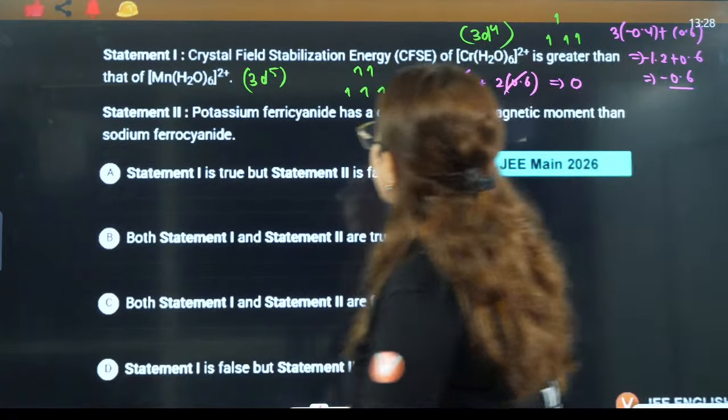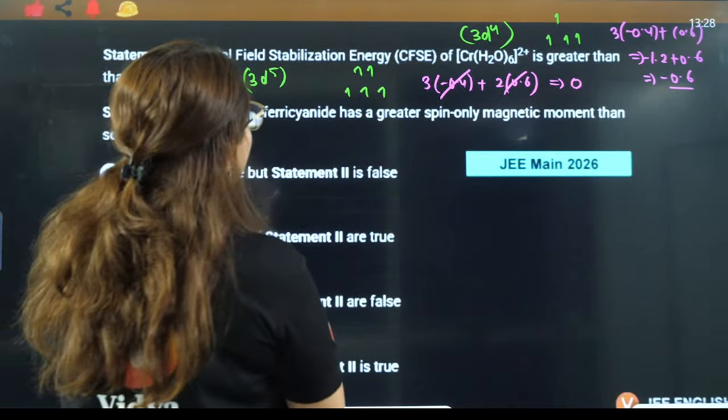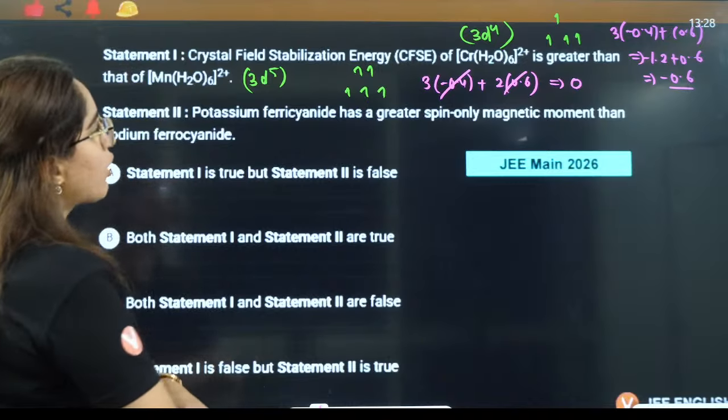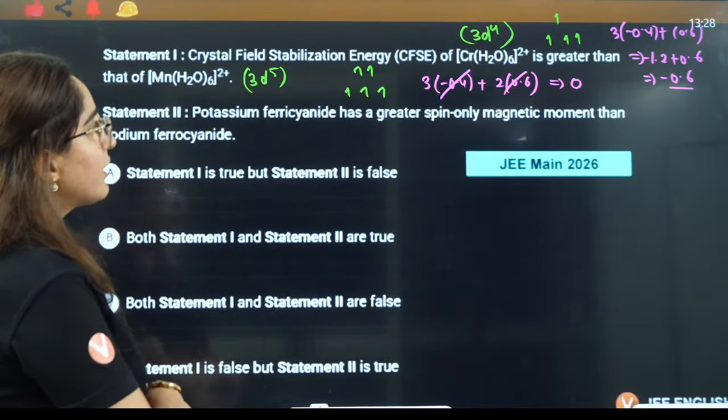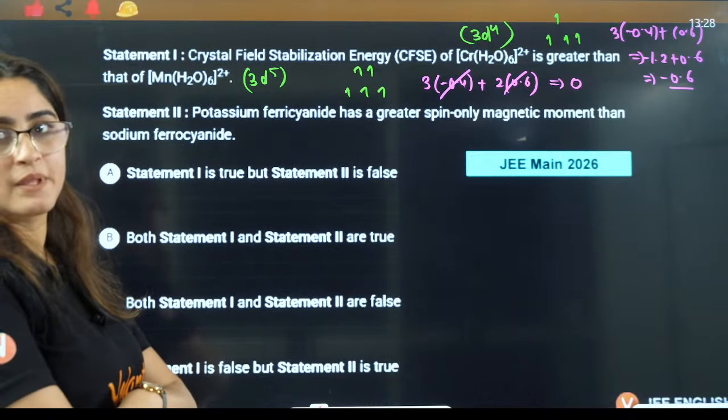So definitely we can see CFSE of this complex is greater, if we talk about the magnitude here, that is 0.6.